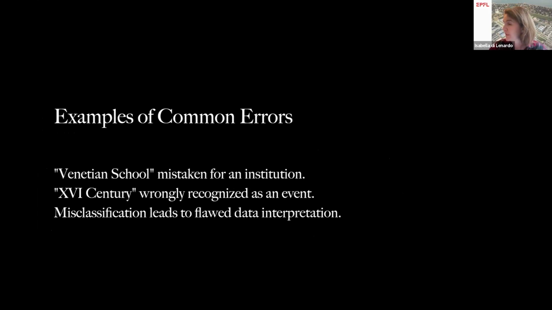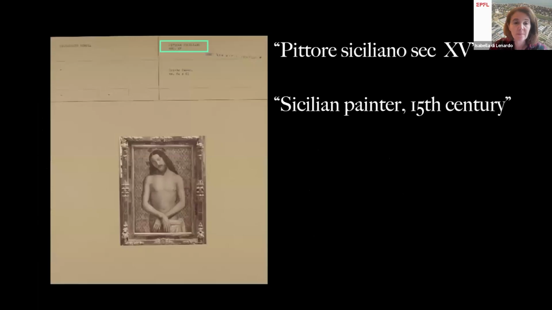We have already said this. For example, in that slide, we have Pittore Siciliano, secolo XV. So how can we disambiguate this, how can we treat these data? Because in some cases, they are few, so they are not impacting our analysis, but in other cases, they can be a lot.